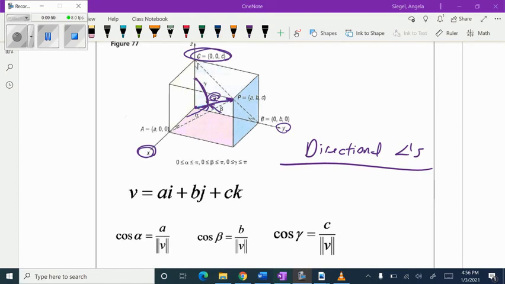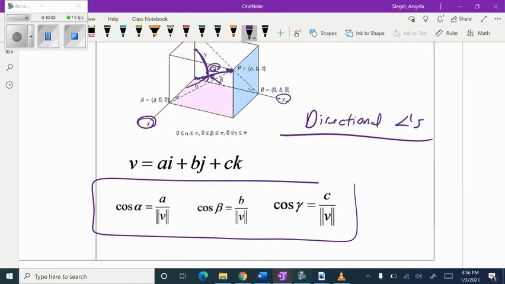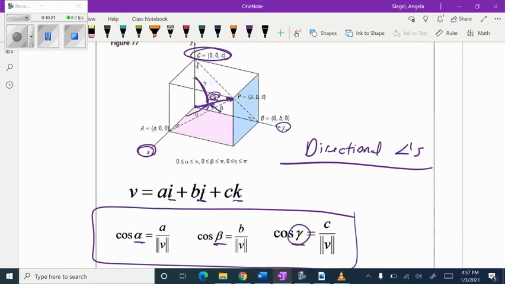In order to find those three angles, we are going to follow these three formulas. Again, this is alpha, beta, and gamma. This is probably a new one to you. In 2D space, we saw the I and the J unit vectors. Now we have the K unit vector. Notice in 2D space, it was a combination of cosine I and sine J. Well, now this is completely different.